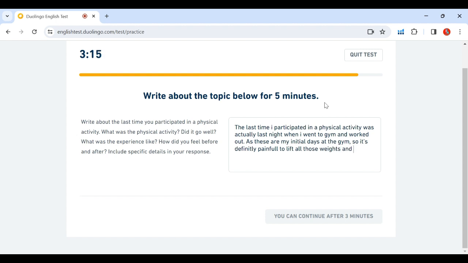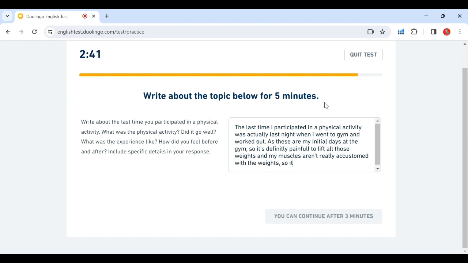And my muscles aren't really accustomed to the weights, so it's difficult.